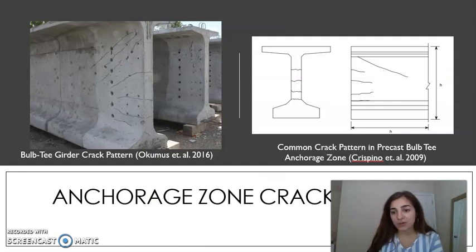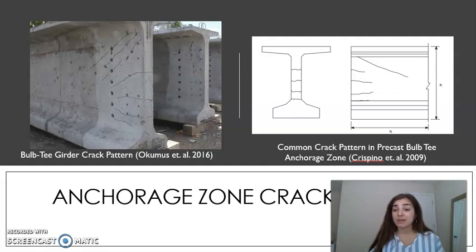Here is the anchorage zone illustrated on the left and right. The cracking tends to follow a similar pattern as shown by multiple case studies, and several studies have looked at the factors that play into anchorage zone cracking. Some looked at temperature effects or thermal stresses caused by curing, or creep and shrinkage that occurs during storage.